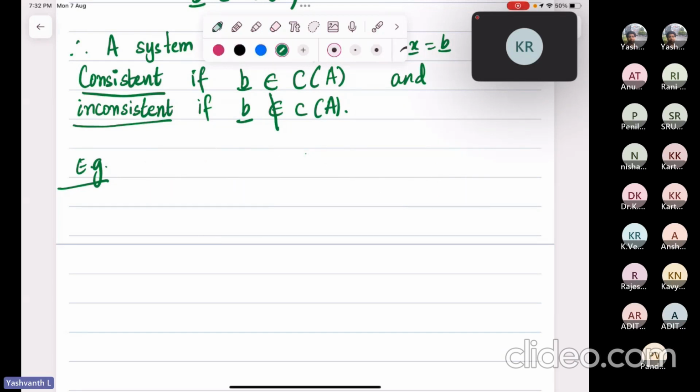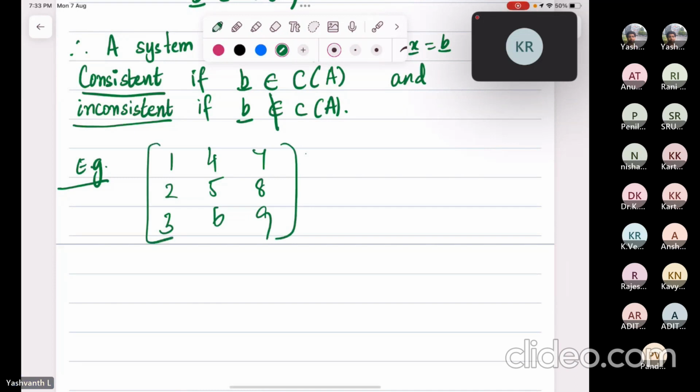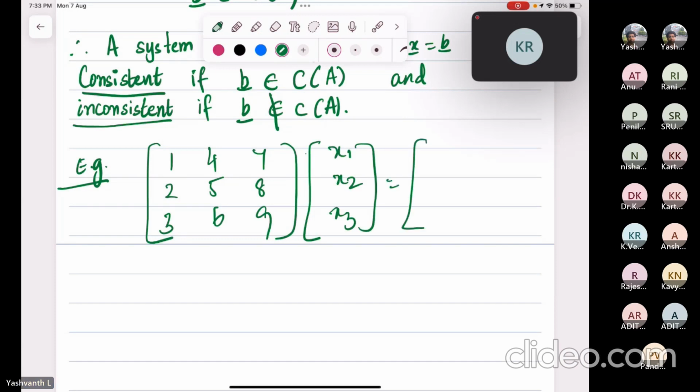Take the matrix 1, 2, 3; 4, 5, 6; 7, 8, 9, times x1, x2, x3, equal to 12, 15, 18. Suppose I want to solve Ax equal to b, where A is given by this matrix and b is given by this vector.